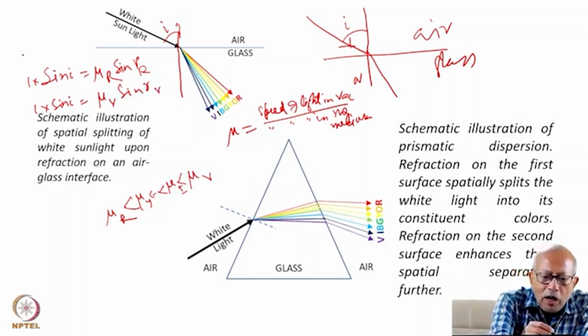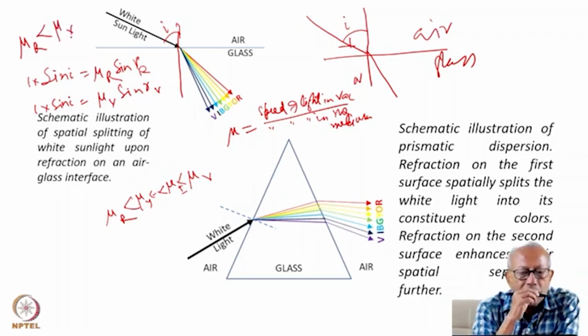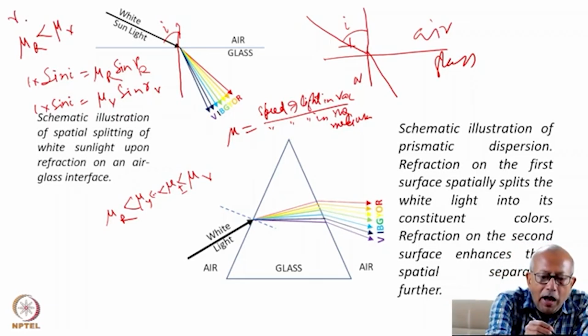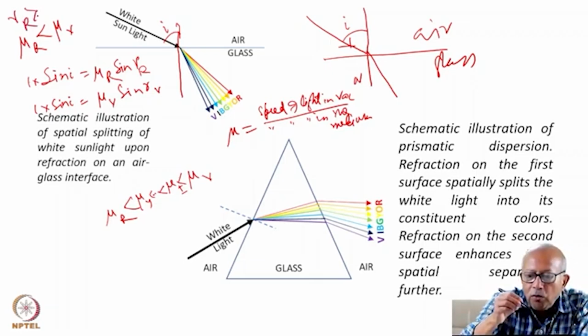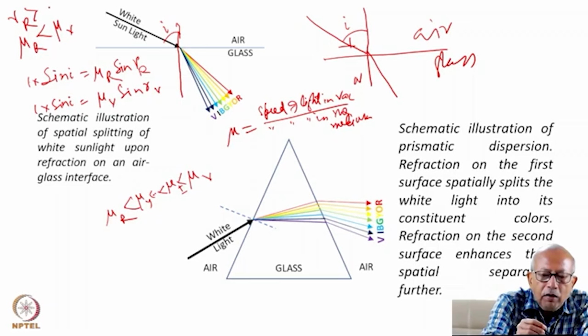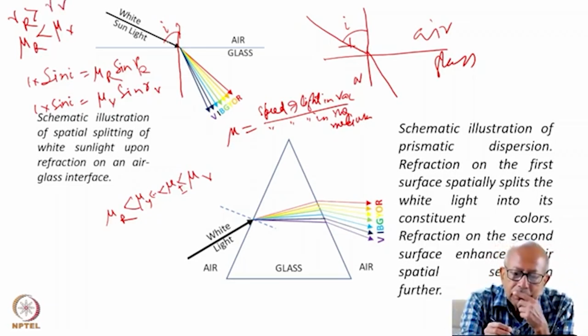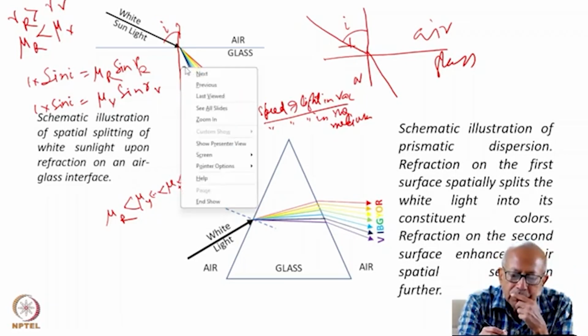Now mu r is less than mu violet. So the angle of refraction for red light will be more than the angle of refraction for violet light. You see, this is the angle of incidence, this is the angle of refraction.